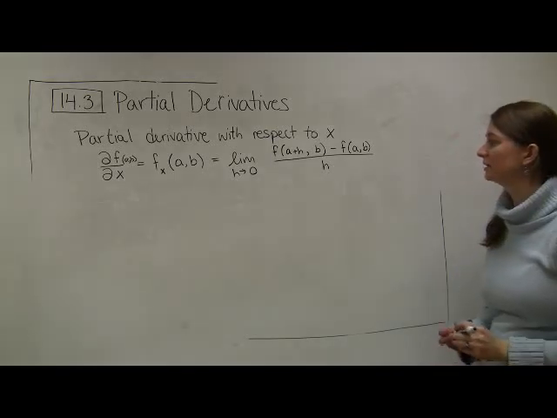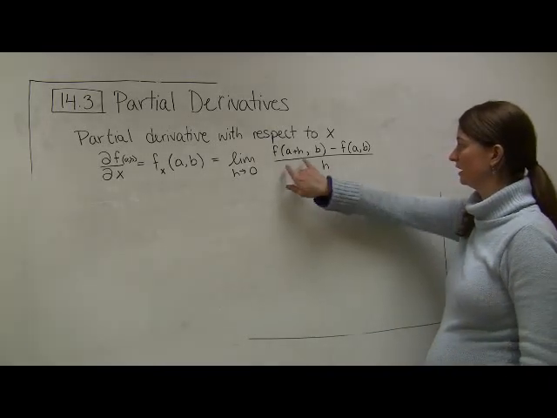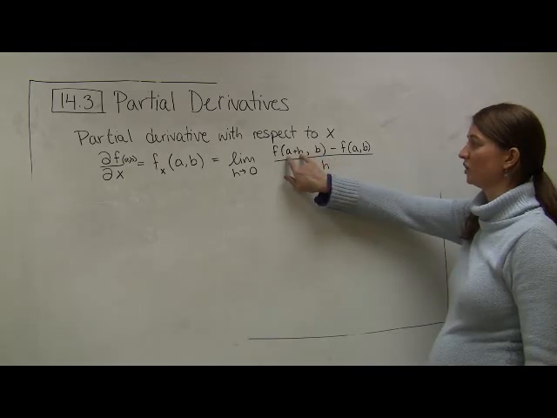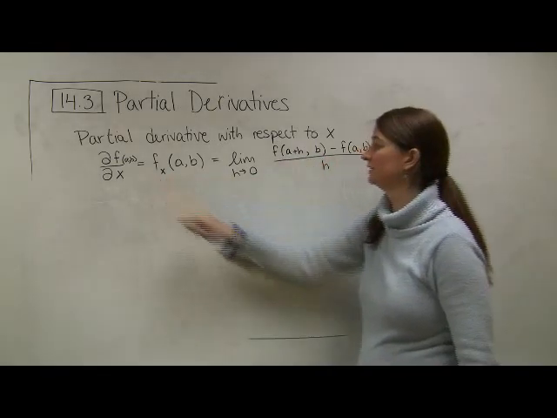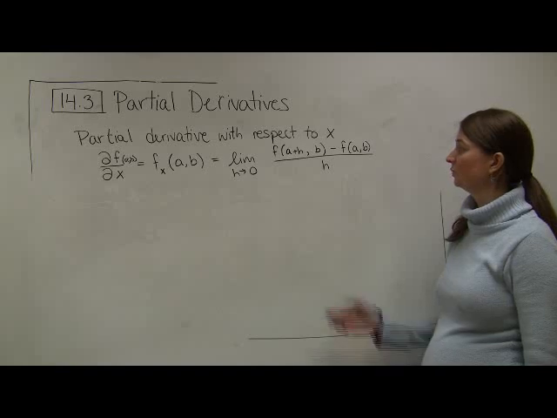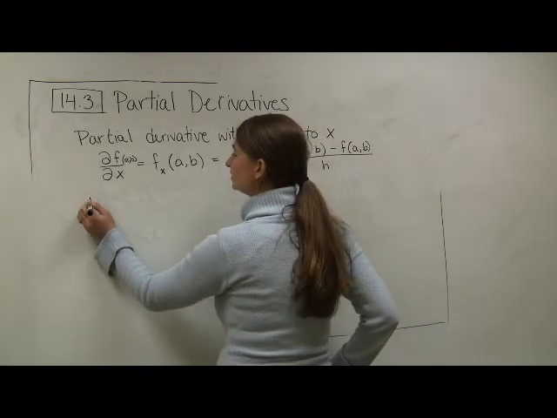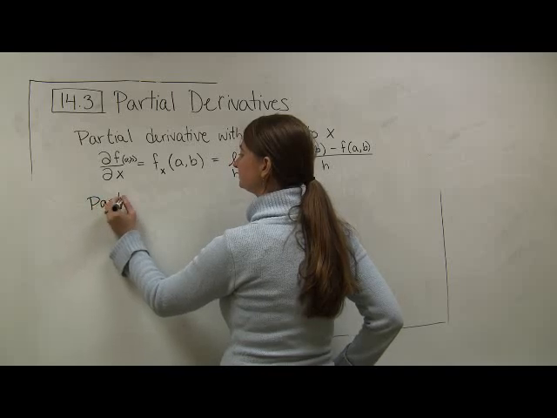So a lot of similarities with our basic definition of a derivative. Notice that the h is only added to the x component because I'm only taking the partial derivative with respect to x. We have an exactly analogous definition for the partial derivative with respect to y.